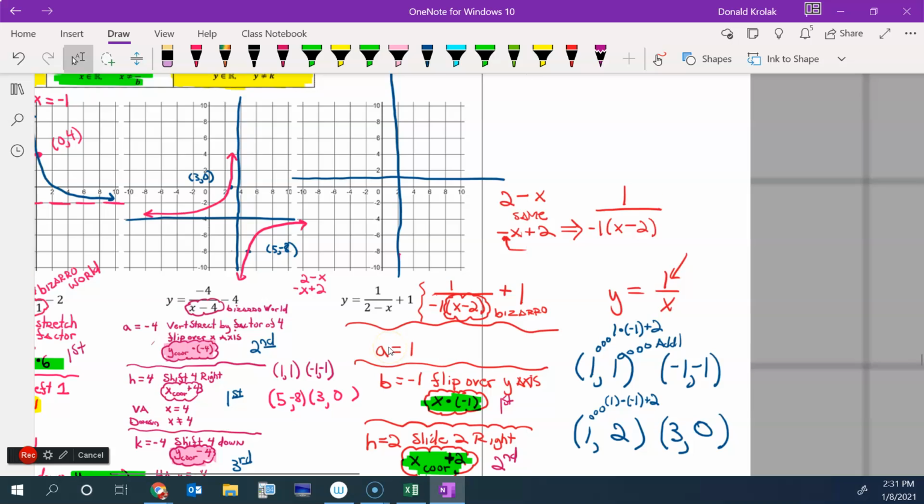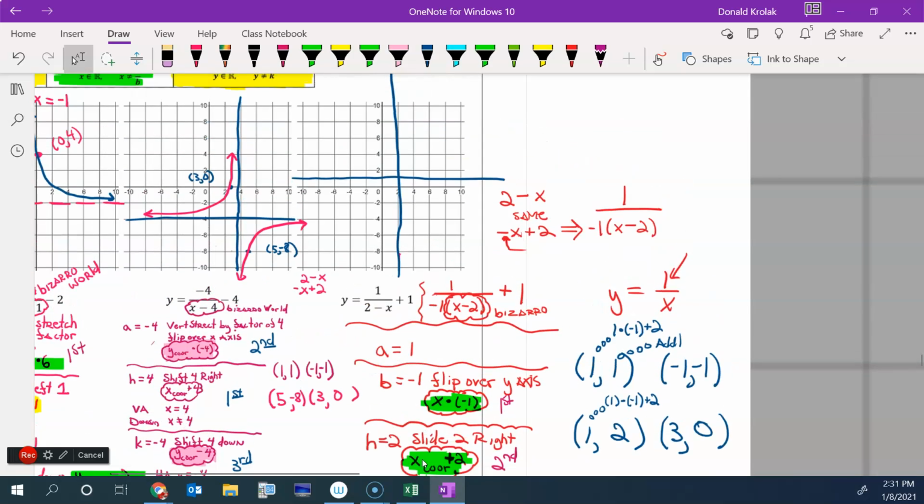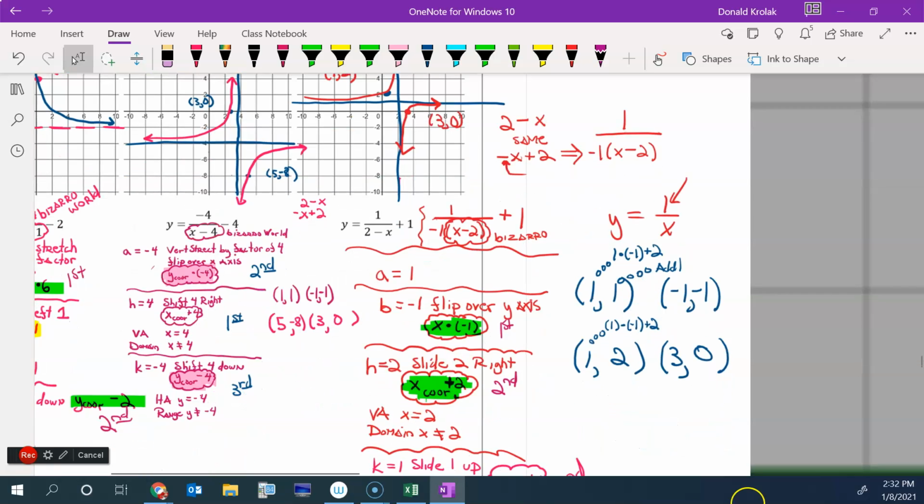So my first point is at 1, 2. And my other point's at 3, 0. That's my graph. Okay.